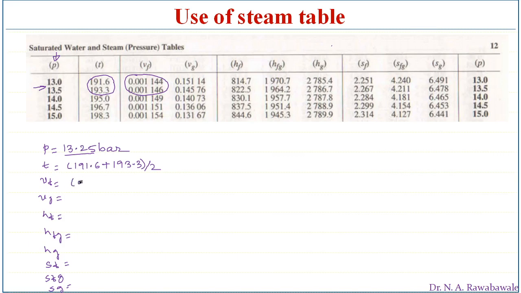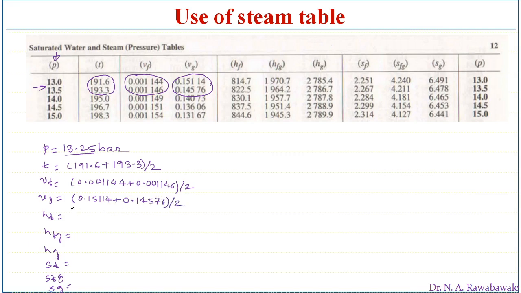So here, 0.001144 plus 0.001146 divided by 2. So this gives us the specific volume of water. Then specific volume of dry saturated steam, again we take the average of these two. So here we will write 0.15114 plus 0.14576 divided by 2.